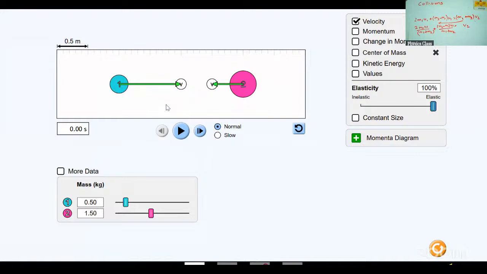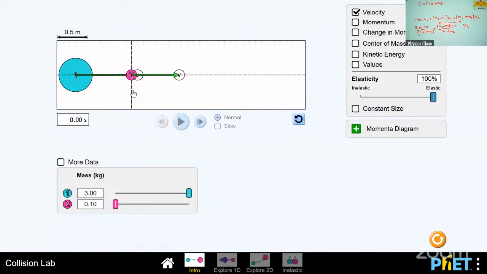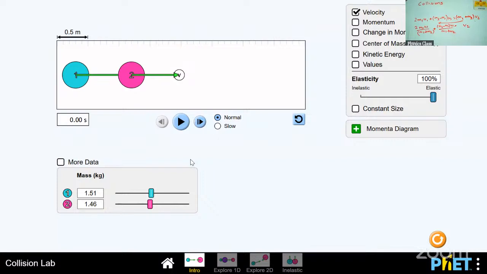So in this process, you can see two objects here. Okay, so in order to have a collision, U1 is greater than U2.